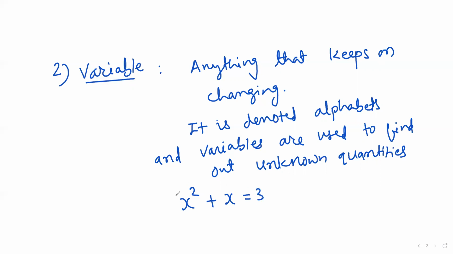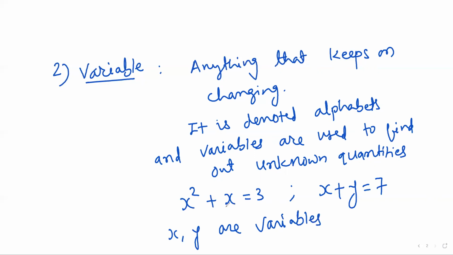Right? In this equation, x is used as a variable. Right? Consider one more example, that is x plus y is equal to 7. Here x and y are variables. x comma y are variables that are used to find out the unknown values.